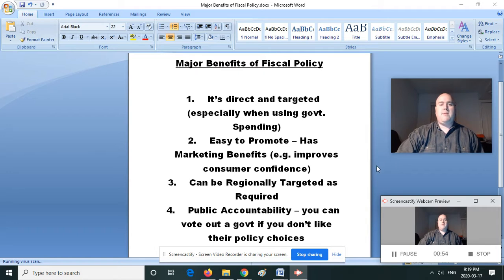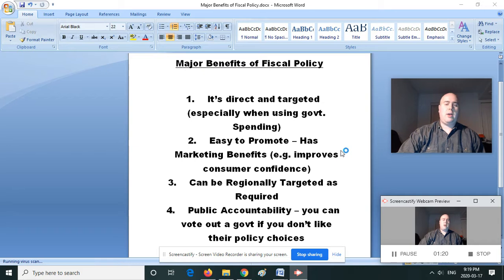So in terms of fiscal policy, and I've posted this, there are a few key advantages worth acknowledging. Probably the biggest benefit to fiscal policy, and it's the most obvious one, is the fact that it's direct and it's targeted. Particularly when you're using government spending, so things like stimulus, there's a general knowledge that if you need money in your economy and you spend money, you know that money will go to people.